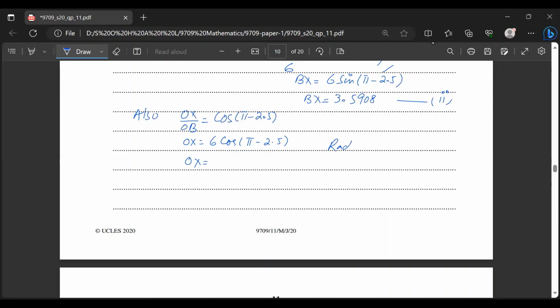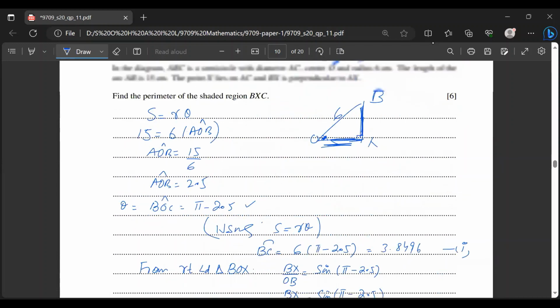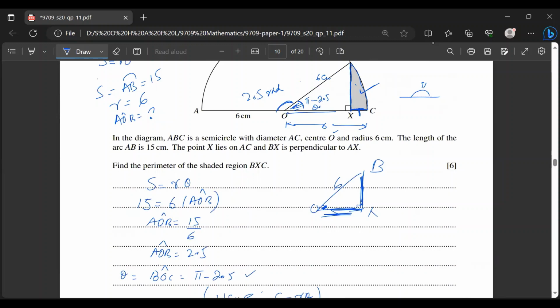Again in radian mode of the calculator, 6 cos of pi minus 2.5 is 4.8069.